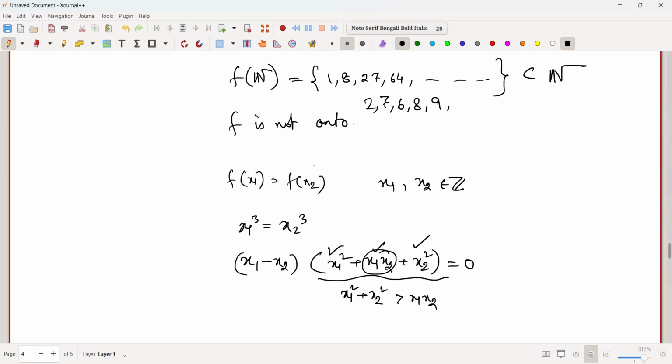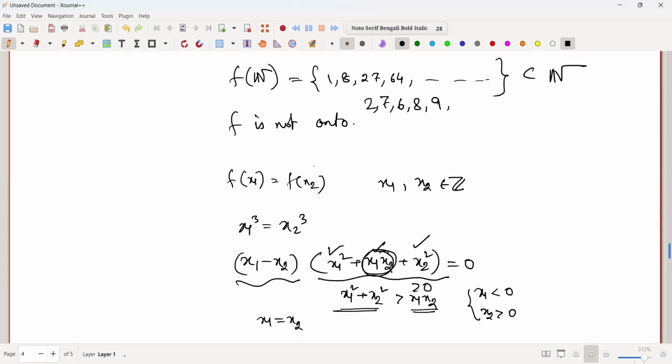So this quantity could seem negative, because if x1 is less than 0 and x2 is greater than 0, then x1 x2 is negative. Still, x1 square plus x1 x2 plus x2 square is always greater than 0, so x1 minus x2 is equal to 0. That means x1 equals x2.